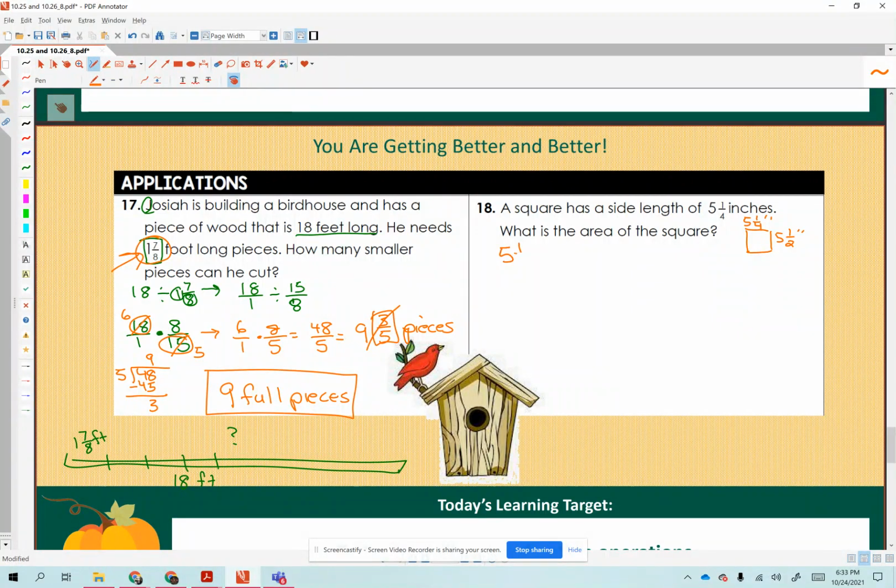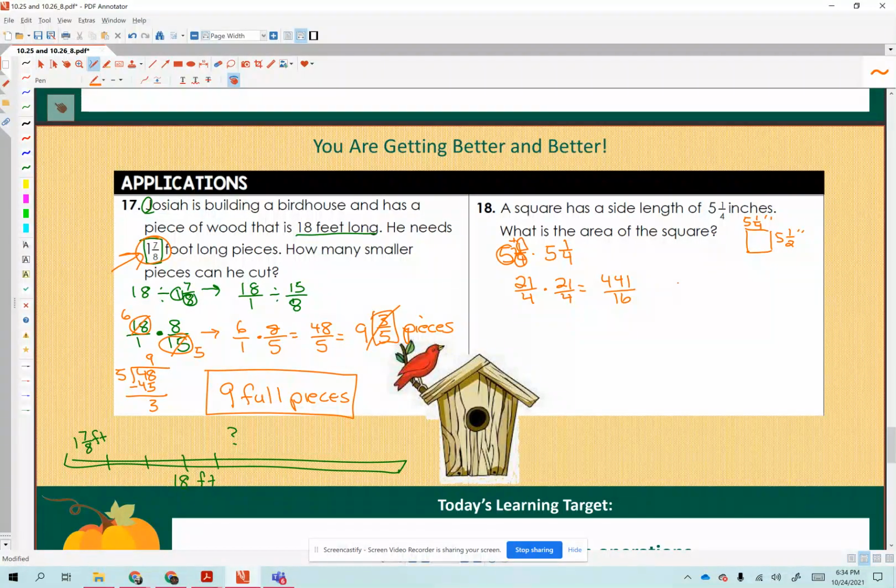So this will be 5 1/4 times 5 1/4. So we're going to convert those to improper fractions. 5 times 4 is 20, plus the numerator of 1 would be 21/4. So it's 21 over 4 times 21 over 4. And we multiply across. 21 times 21 is 441. 4 times 4 is 16.